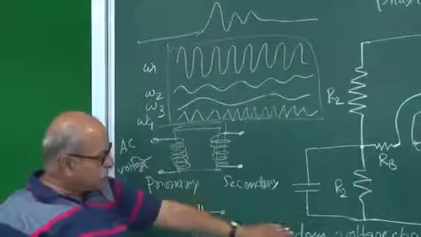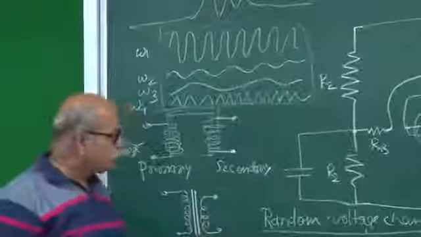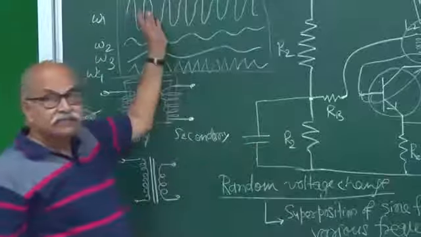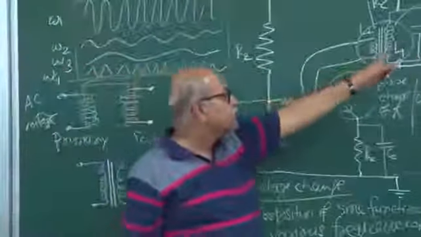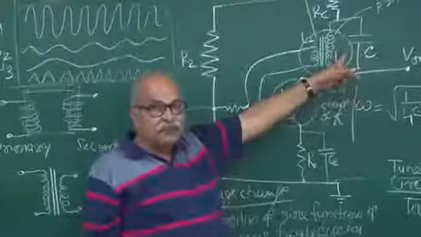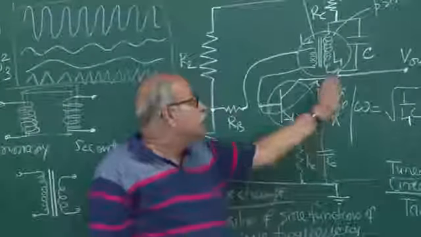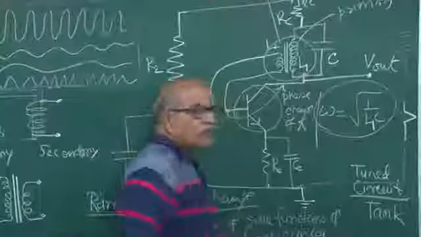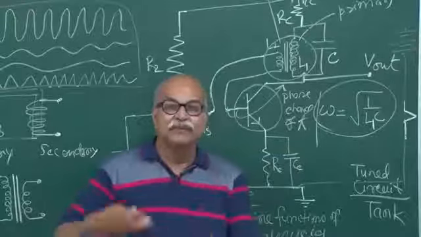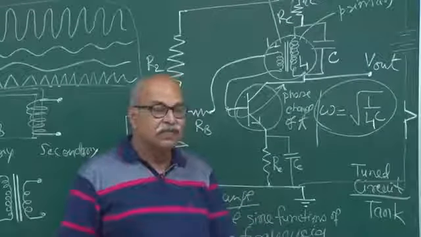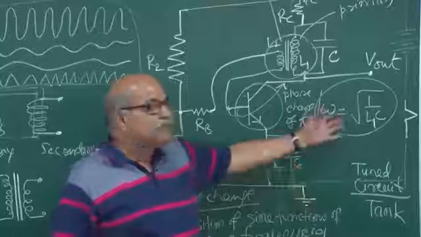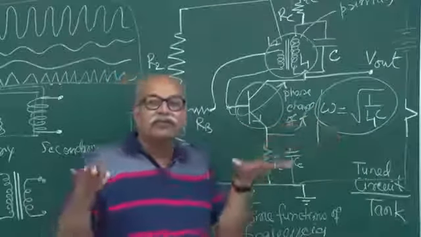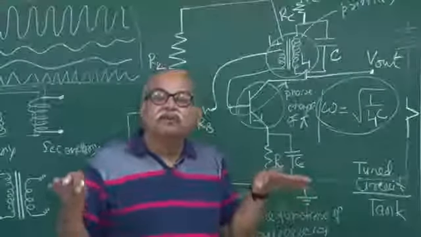So whatever it is, that random voltage change when you first switch on can be taken as a superposition of sine functions of various frequencies. But this is a circuit where, if the input going into it is at this frequency, then it oscillates with larger amplitudes. And if other frequencies come which are very different from this, those oscillations are of very small amplitudes.